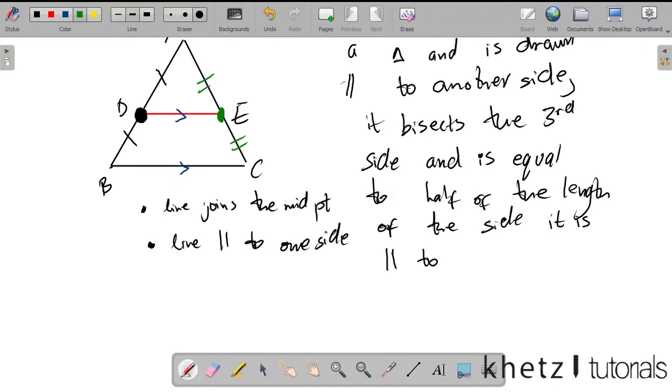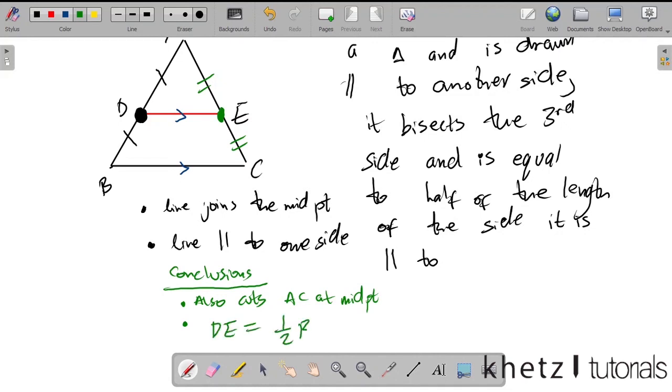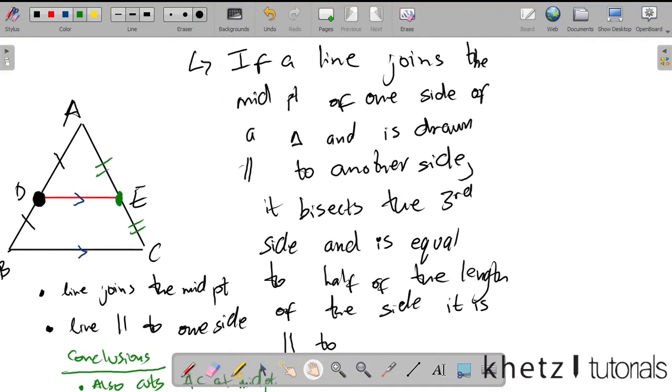So, conclusions: it also cuts AC at the midpoint. The second conclusion is that DE is equal to half of BC. That is what this converse theorem is saying.